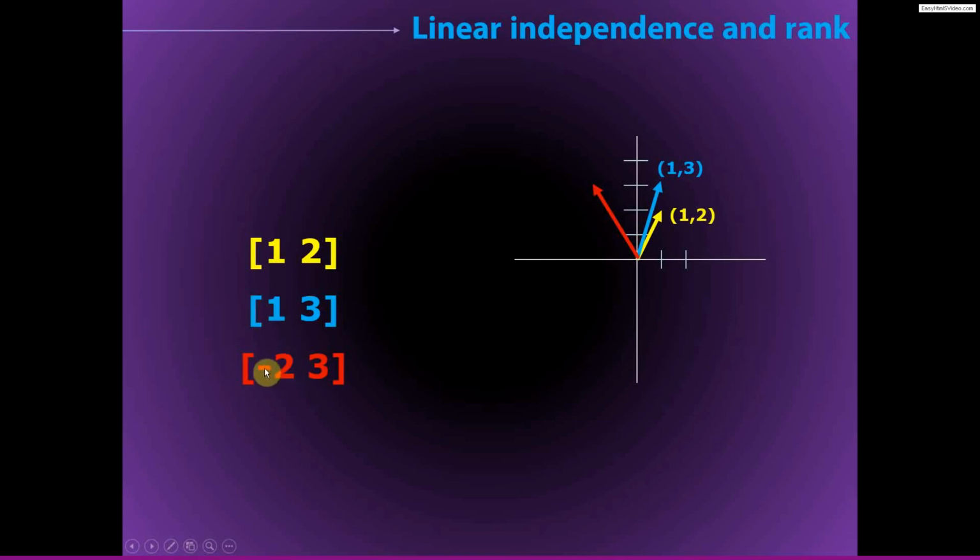And that will give you exactly this vector. So now we have a linear combination of these 2 vectors that gives us this 3rd vector. So this is not a linearly independent set of vectors. Any 2 of these vectors are linearly independent, but the 3 vectors combined is not linearly independent.